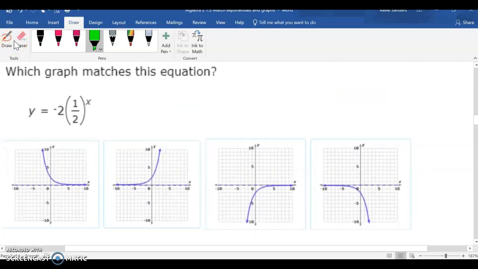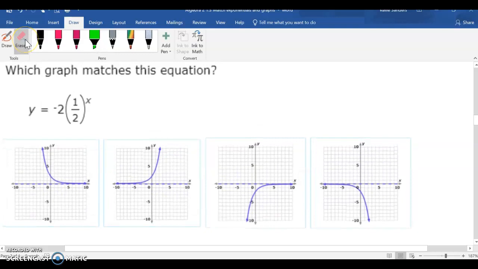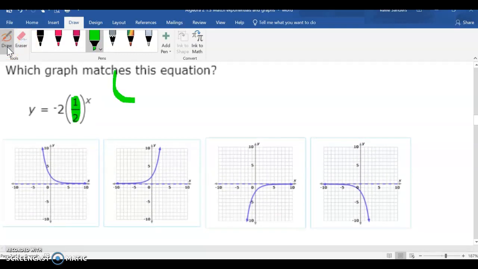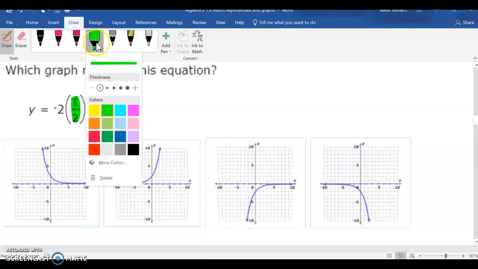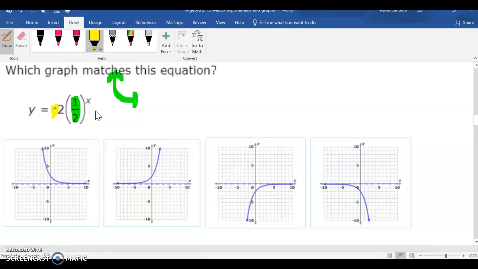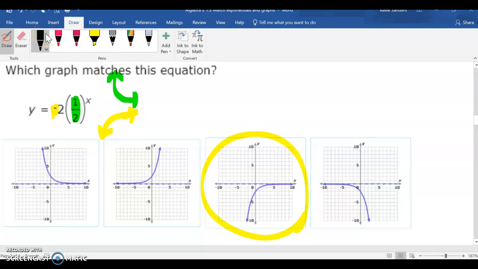Same thing, this right here would make it look like we just had it, right? But then the negative makes it flip this way. So this is the only one that goes in that direction. Your horizontal asymptote is at 0, but that didn't help anything because they're all at 0.